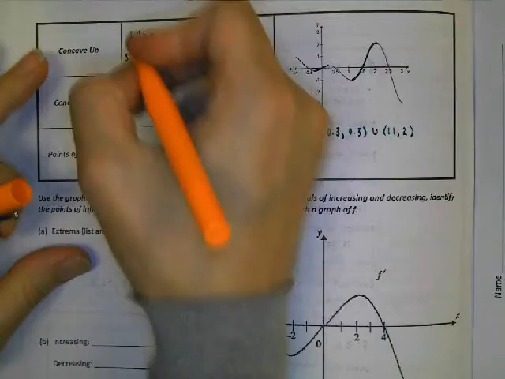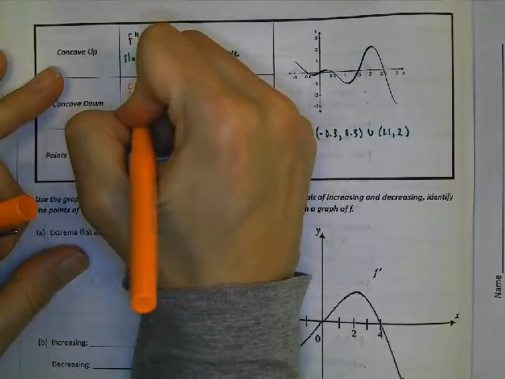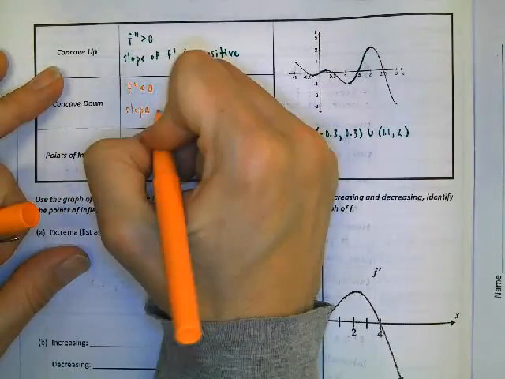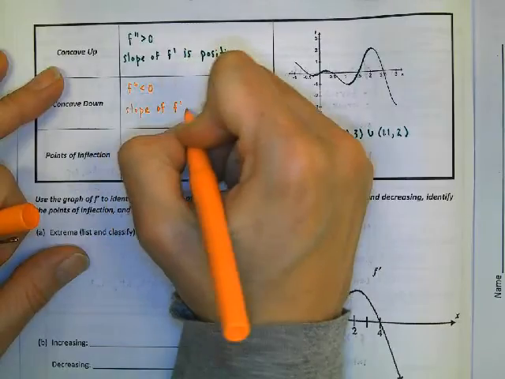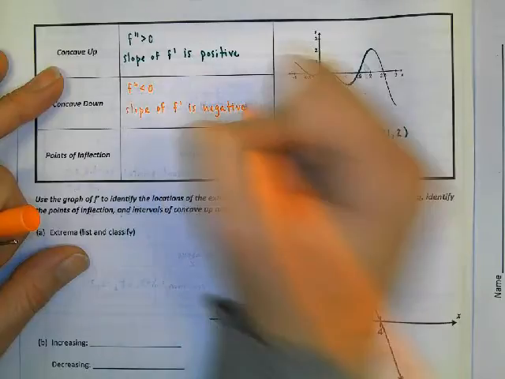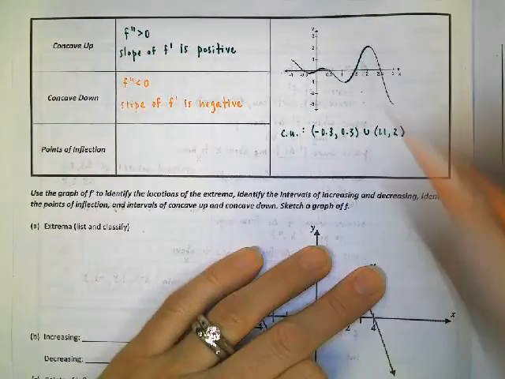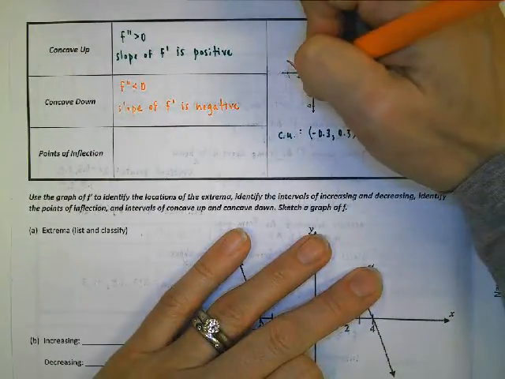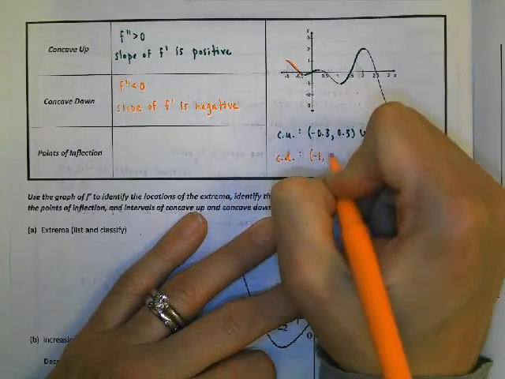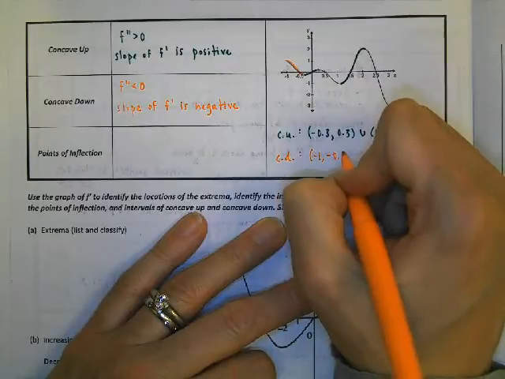Now, I'll be concave down, right? We know that's where our second derivative is less than 0. So it's going to be where the slope of f prime is negative. So now I'm negative over this interval here. So concave down from negative 1 to negative 0.3.